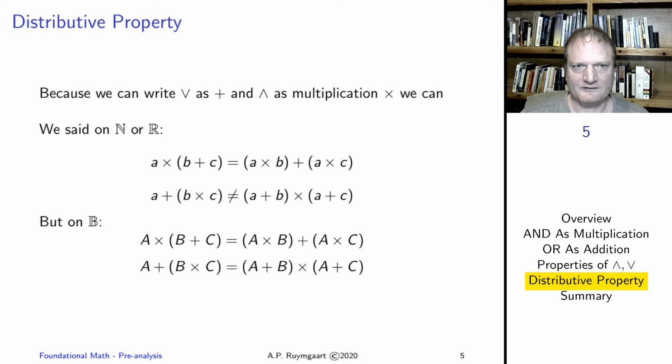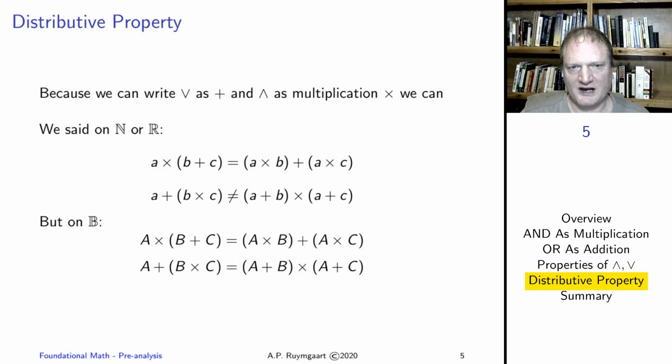So let's look at the distributive property just a little bit more, and remember that we write OR as addition and the AND operation as multiplication. So we'll do that here so we can compare directly how this works with natural numbers versus the Boolean numbers.